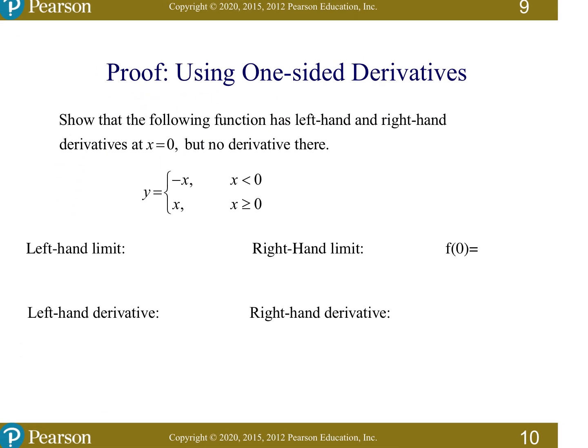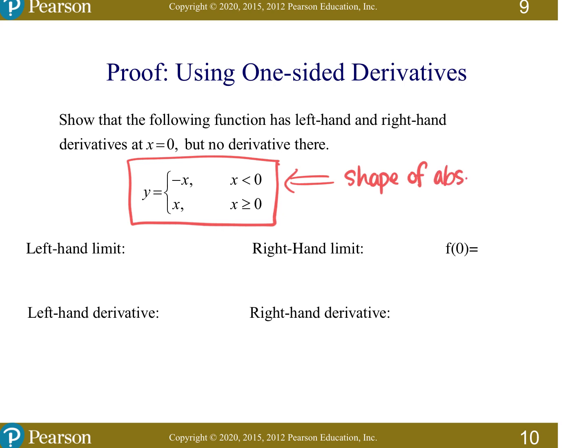So on the next page, here we go, here's our proof. The equation for an absolute value function is piecewise. That's the equation for what would make an absolute value. So if you want to jot that to yourself, this is the shape of an absolute value. It's -x on one side, which is a negative line with slope -1, and then +x on the other side.